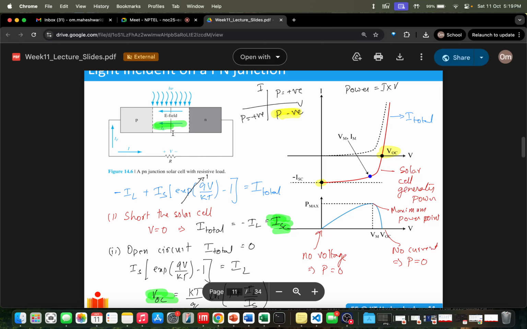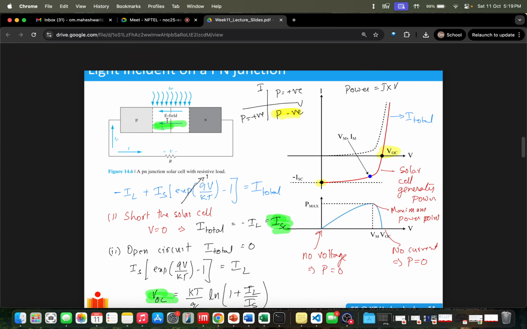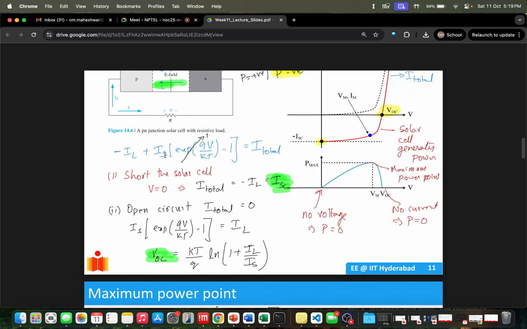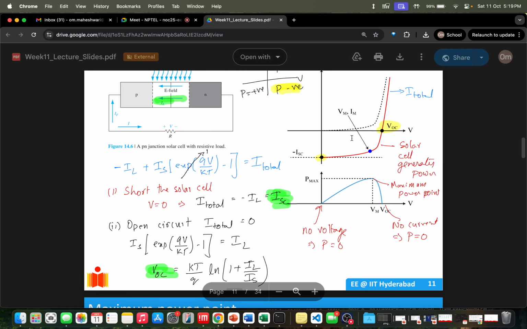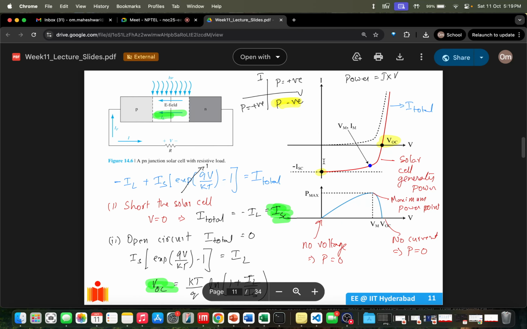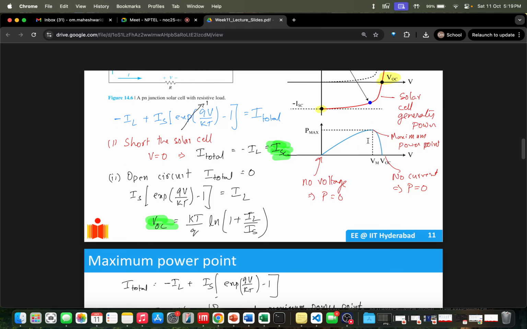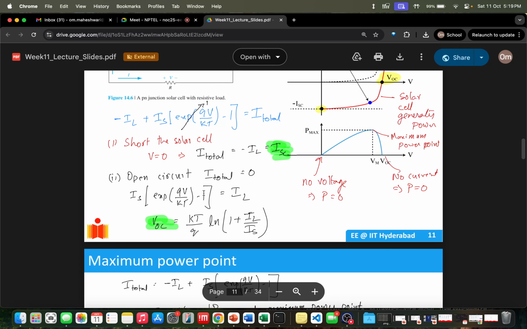When light falls on the depletion region, the potential is generated across the load. This graph is the solar cell generated power. This is the maximum power point.